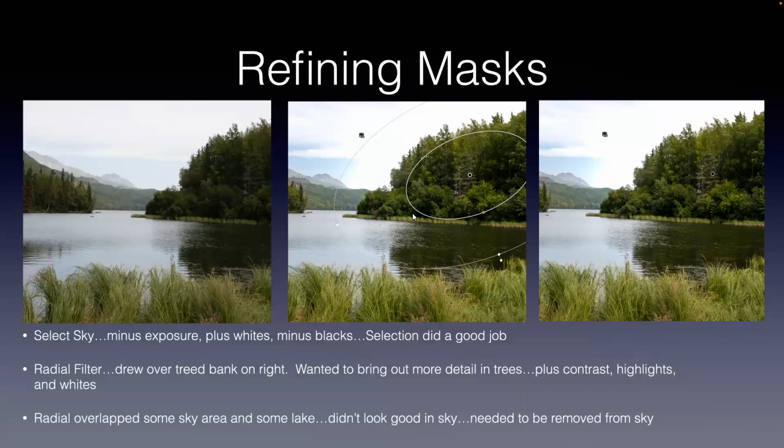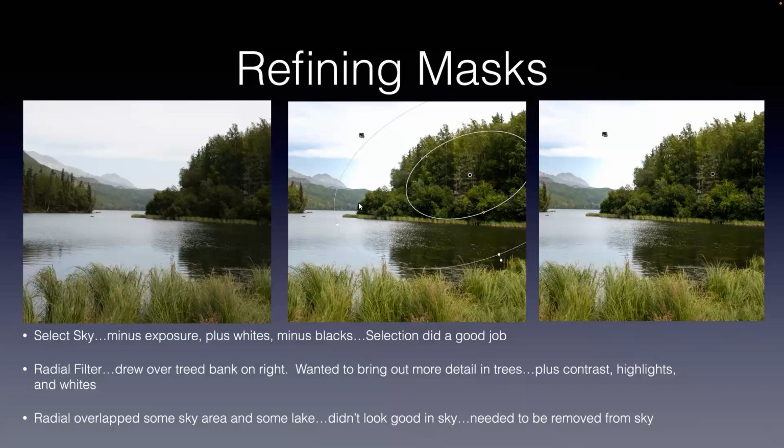And what happened then was within this feather zone or this fade zone is the sky and trees. And so the sky is also getting an effect of this. You can kind of see where the effect really feathers off here, but it's getting the effect the entire way. And it ruins the area next to the tree.